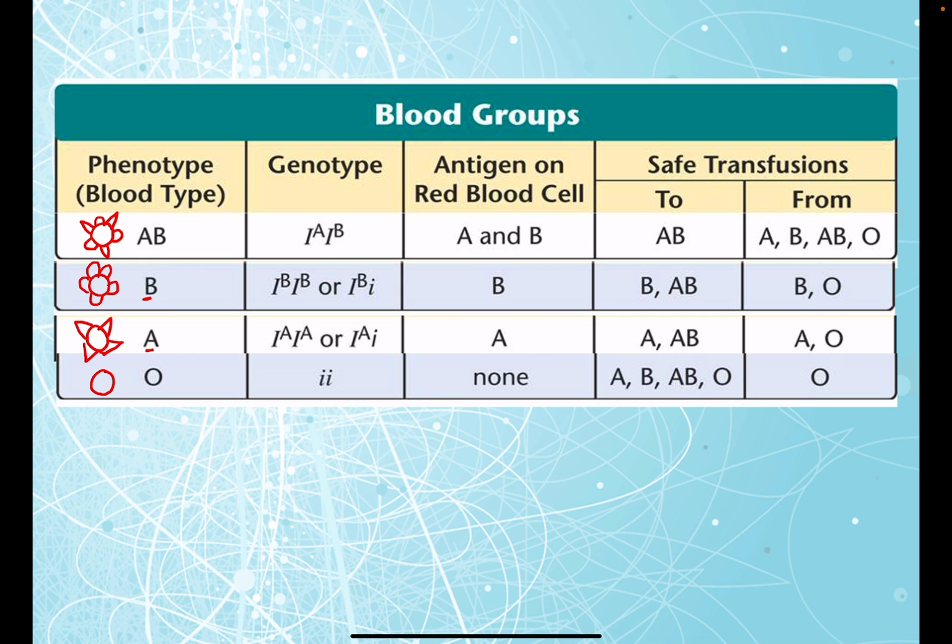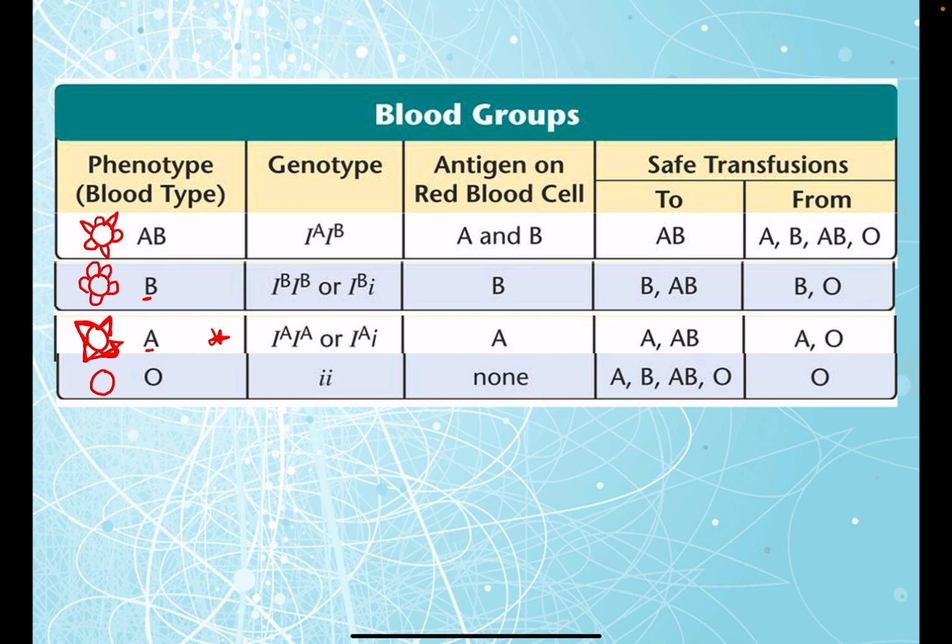Okay? So, me personally, my blood is type A. Okay? That means if you give me a triangle, any kind of blood with a triangle on it, I know what to do with the triangle. If you give me something with a circle on it, my body does not recognize that circle-shaped antigen. And so my body would try to reject that.